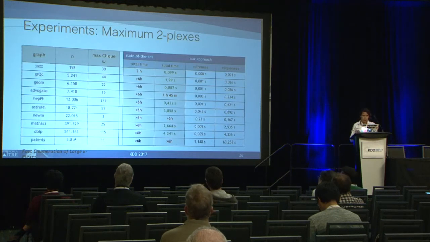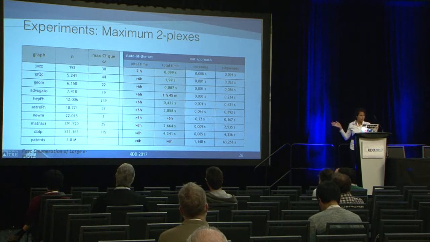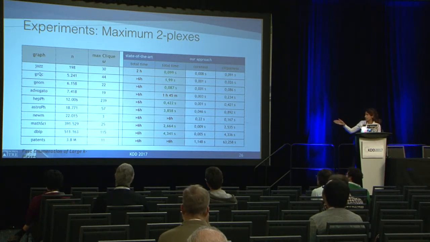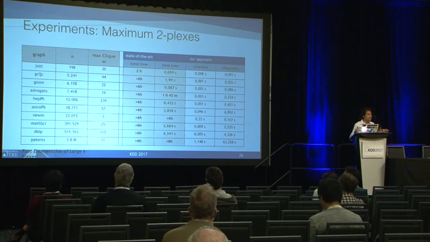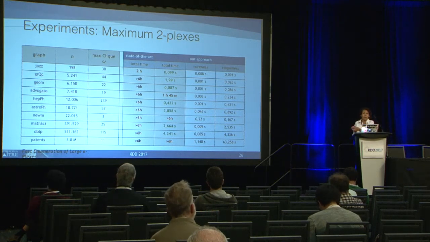So let me conclude with a couple of experiments. In this table, I'm showing running times for our algorithm compared to a full enumeration technique. So we are not showing a new algorithm. If you will, this is a meta-algorithm in a sense, because it's just filtering and focusing things, but at the very end, we use the classic enumeration algorithm in the subgraph that is left.